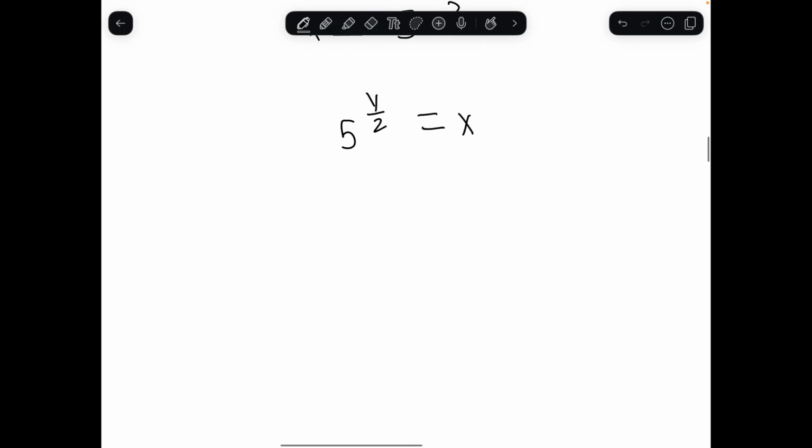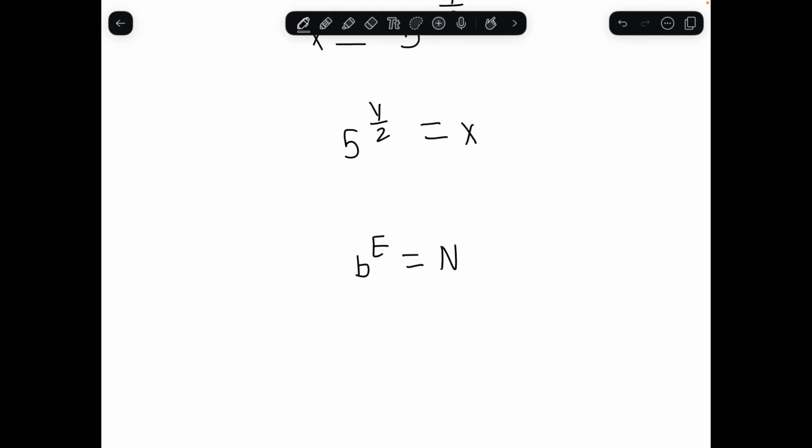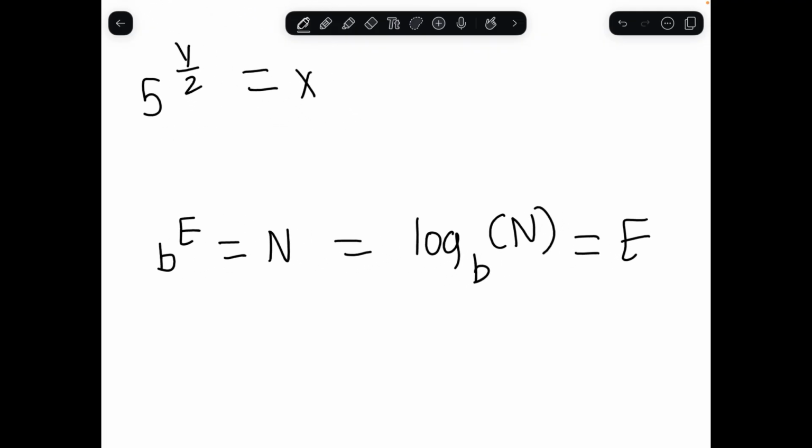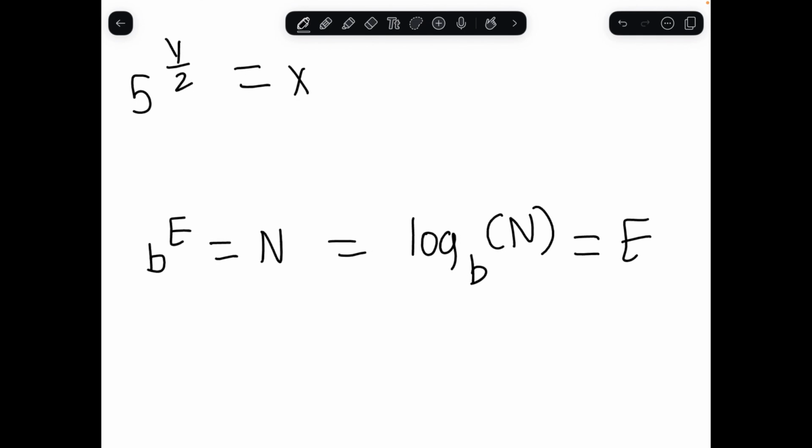This can be converted into a log equation by remembering this identity, which is the base raised to the exponent equals the number, which is equivalent to log base, the number, and then the exponent. So we can use this conversion here.